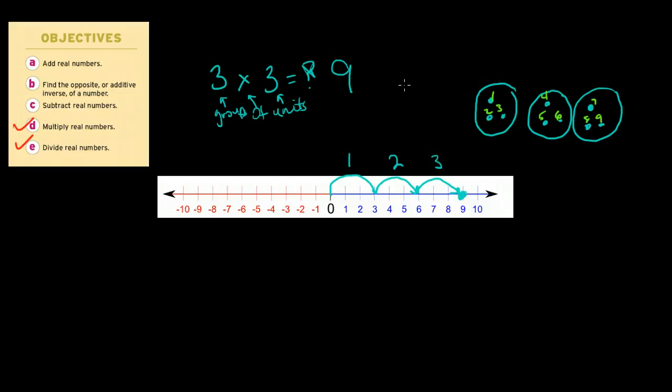So that's multiplying. Both of these numbers are positive, and notice that our product, when I multiply two positive numbers, is also a positive number. So one good thing to note is that a positive number times a positive number equals a positive number.